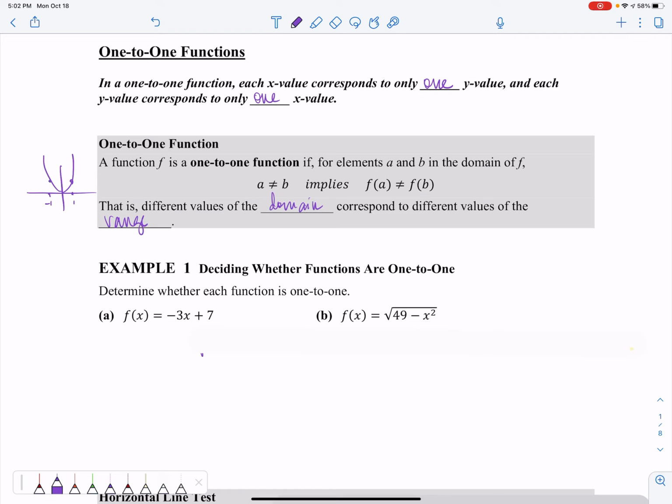They're both 1 because 1 squared is 1 and -1 times -1 is also 1. And so in this case, we would say this is not a one-to-one function because even though the x values are different, the y values are the same. So in one-to-one, the big deal is that if your x's are different, your y's have to be different.